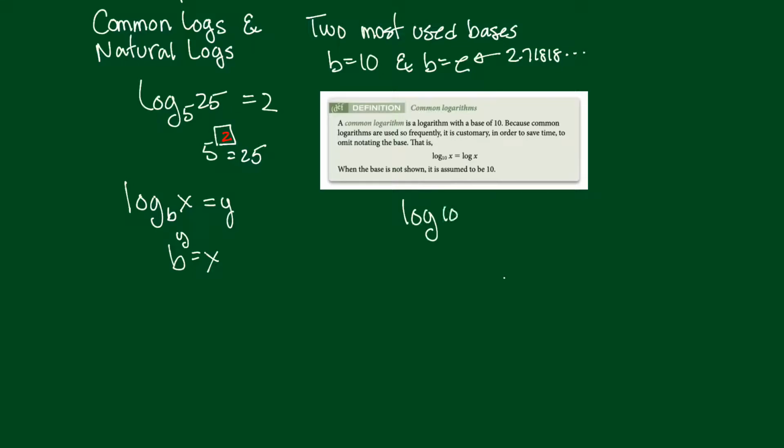So when you see something like this, log of 1,000, what you know, and you just have to read into it, is that it's log base 10 of 1,000. So writing this is something like writing this. You know, when you see x, what that really is is x to the 1. We just don't write all the ones. Up here, if it's going to be log base 10, because it occurs so often, we just leave the base off, and everybody knows that it's base 10.